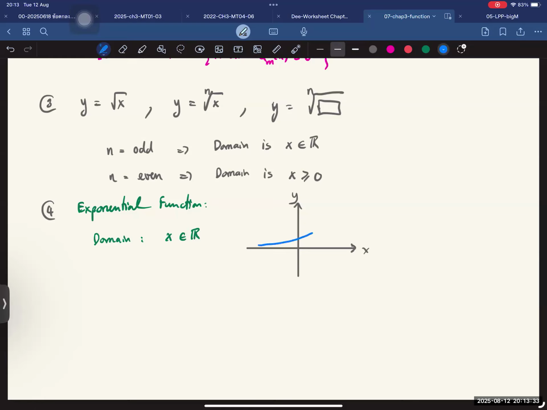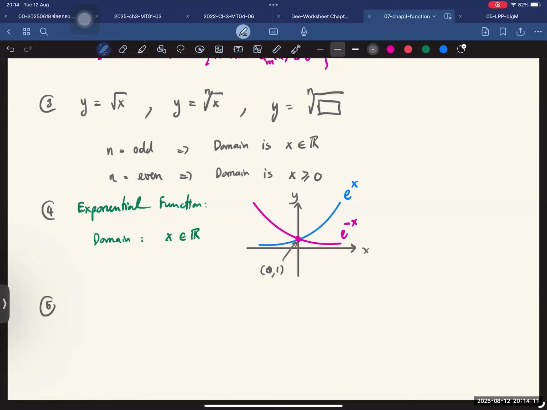So e to the x is going to be something like this. And if you have e to the negative x, we might have something like this, y equal to e to the negative x. At this point, when x is 0, y is always 1, right?